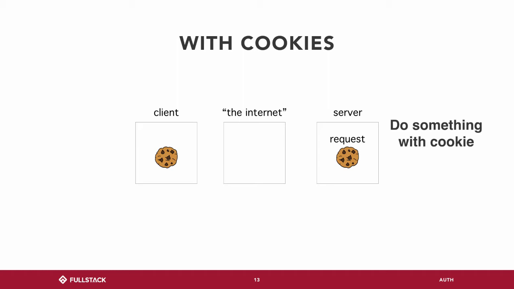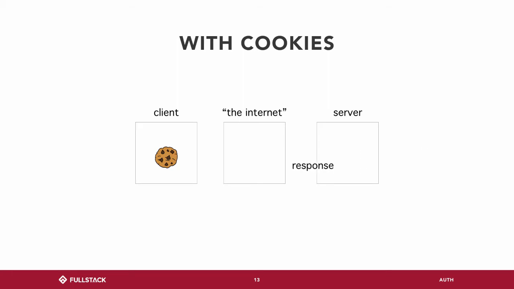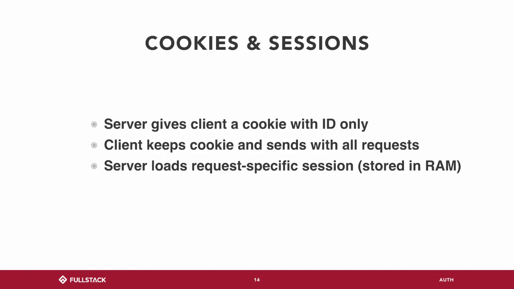When we say resources, let's say a particular user's playlist based upon that cookie. So for every request after that, we're going to have this cookie, and the server is going to use it to uniquely identify a session, which is really going to uniquely identify a user.